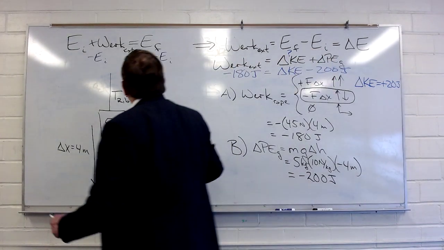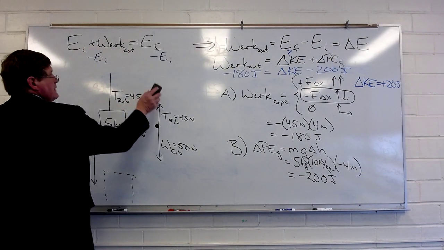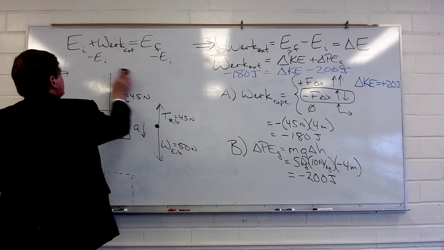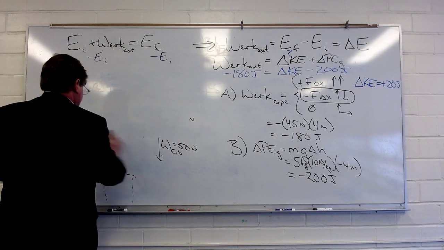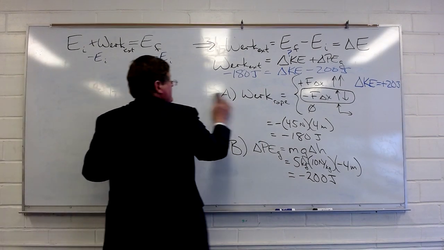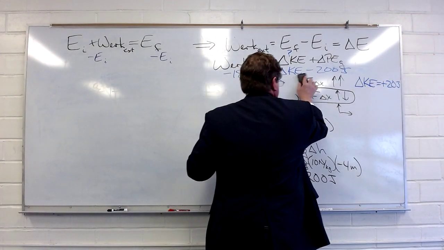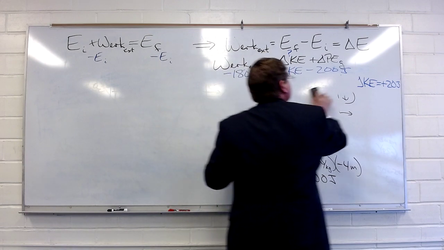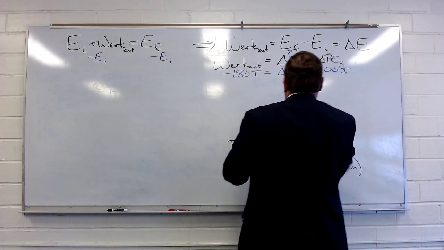Let's look at the next problem. I don't have to erase this top part because, like I said, this second problem is very similar to the first one, and it's going to be using the same idea.